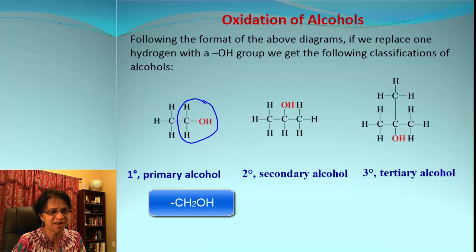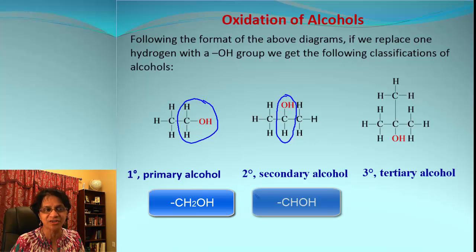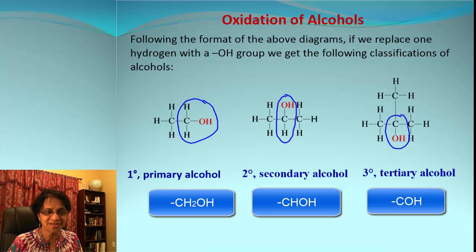We actually have CH2OH group there. Let's look at the next one. I'm going to circle again the carbon atom to which OH is attached. And what do we have? We got CHOH group. And now look at the tertiary and see what we have here. We got COH.